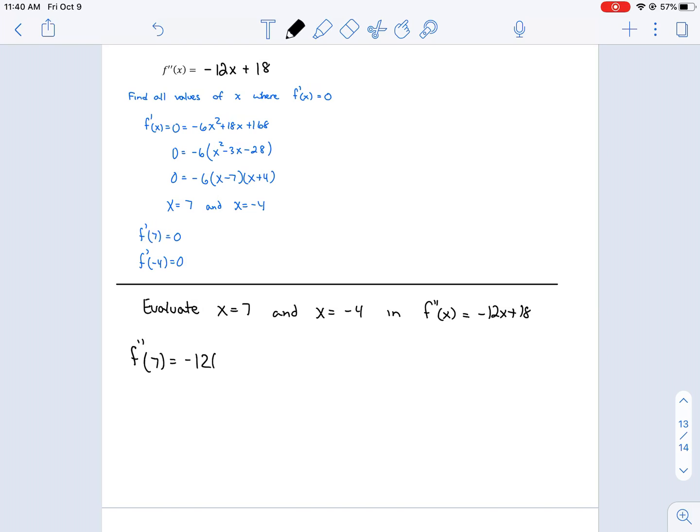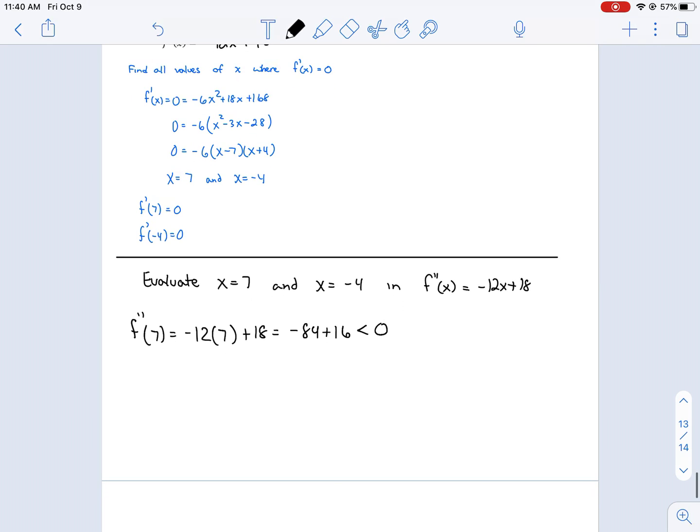So the second derivative at 7 is equal to negative 84 plus 16, which is clearly less than 0. All right, so what we can conclude is that since the first derivative at 7 is equal to 0 and the second derivative at 7 is less than 0, there is a local maximum at x is equal to 7.